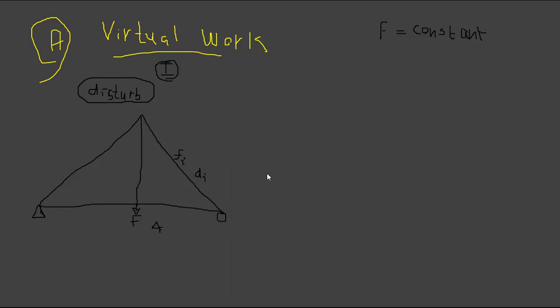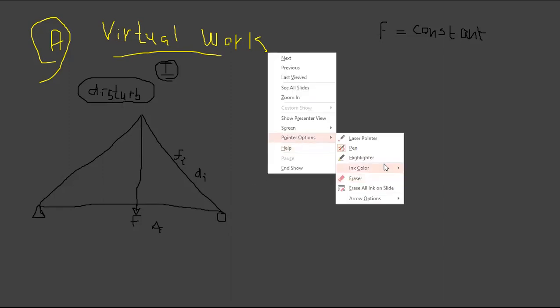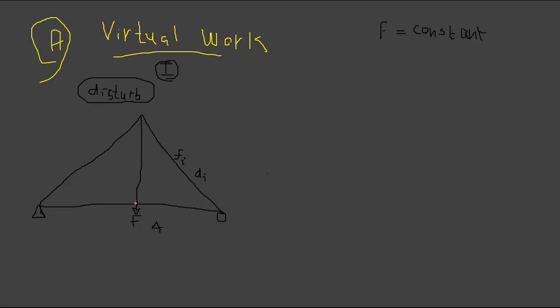How we do that is we apply a deformation to this point while it already has a delta F deformation. So we'll apply a deformation of, let's say, d delta.